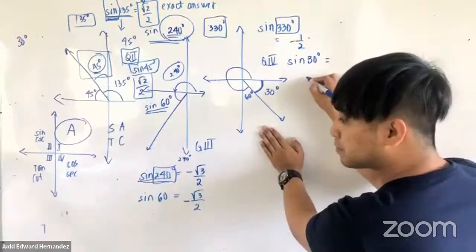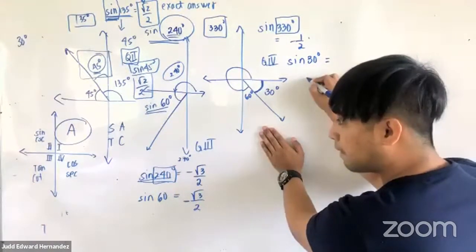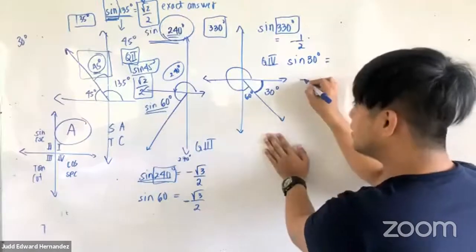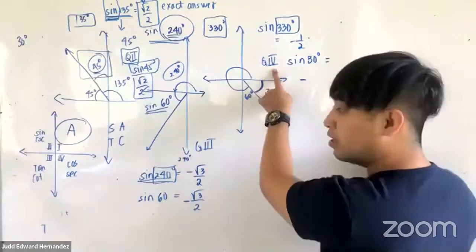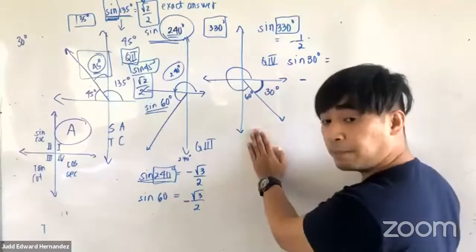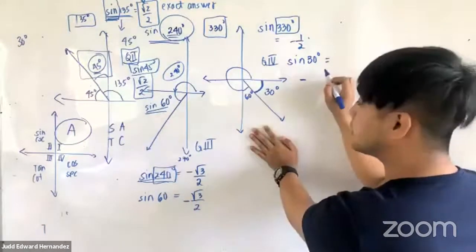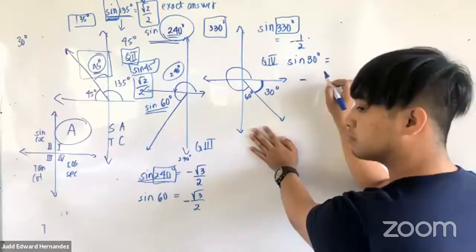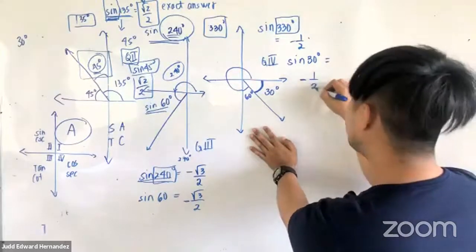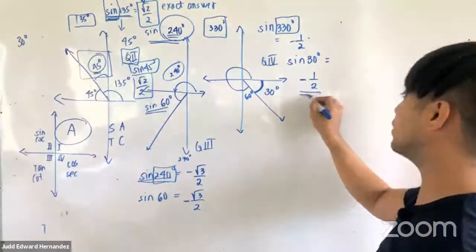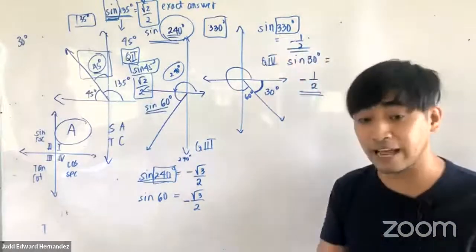It should be negative. Since it falls sa quadrant 4. Tama po ba? Okay. And what is sine 30 sa calculator nyo? 1/2. Therefore, the answer is really negative 1/2. Maliwanag po ba yung reference angles natin?